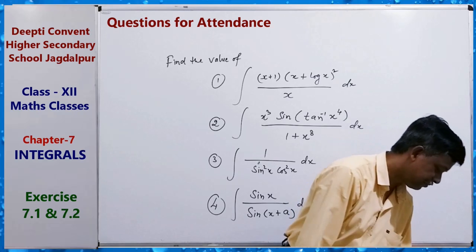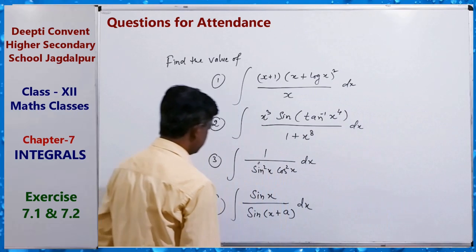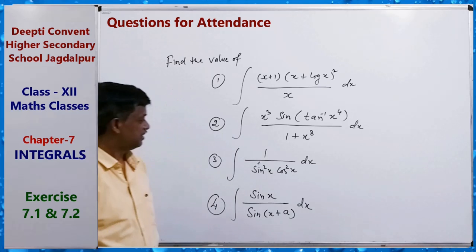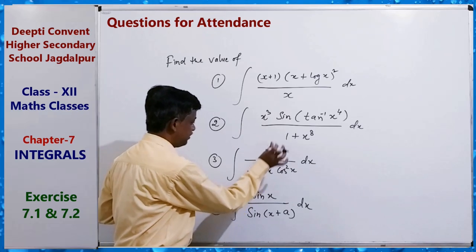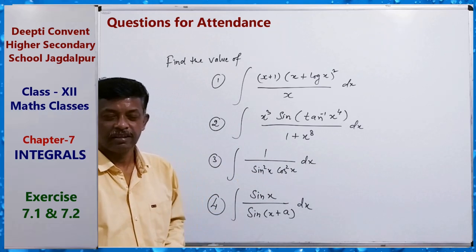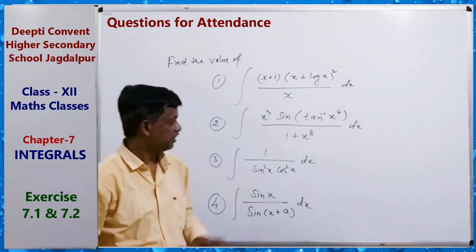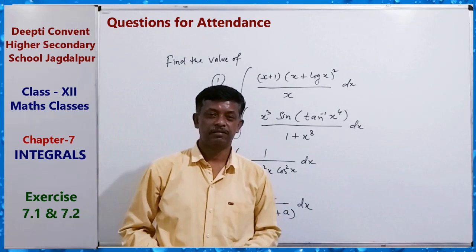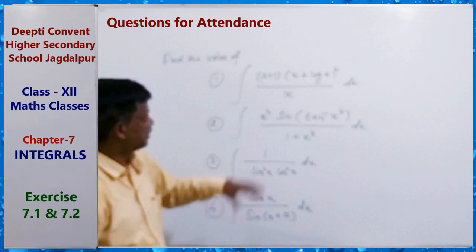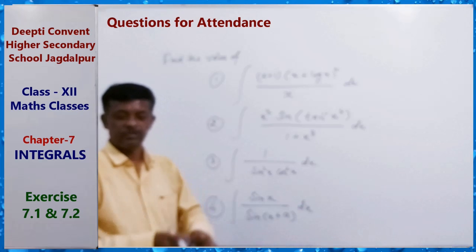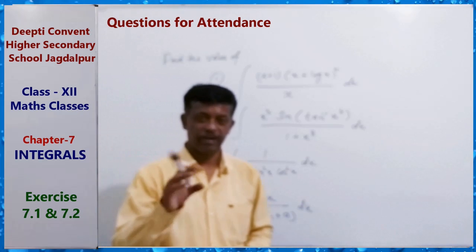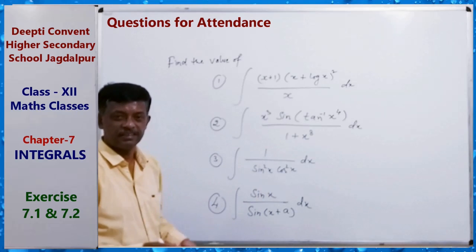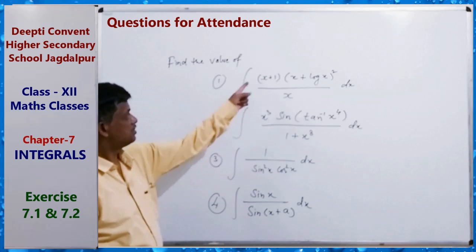Okay. Find the value of these four integrals. Solve these integrals in your copy and make a PDF file and send it to me by naming the PDF file as your name. Okay. Today before 5 p.m., that will be your attendance. Clear?